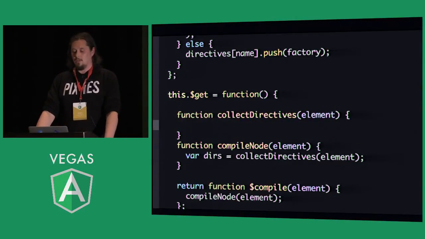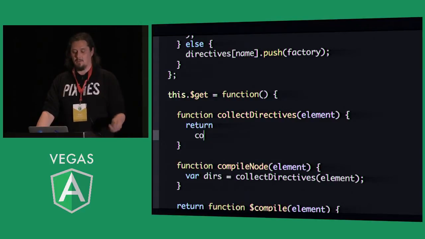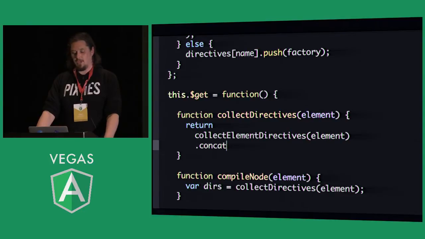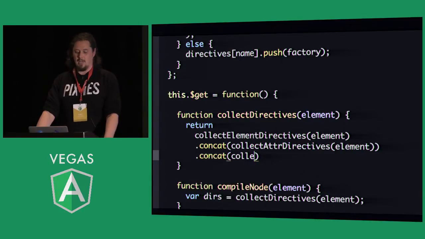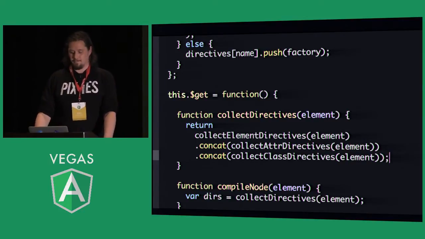And we can find those kinds of directives using three different strategies, which are, first of all, to find them matching the element's tag name itself, or we can match them using the element's attributes or attribute names, or we can do it matching the element's CSS class names. So what we do is we try all of those three strategies and return this combined result of all of them.